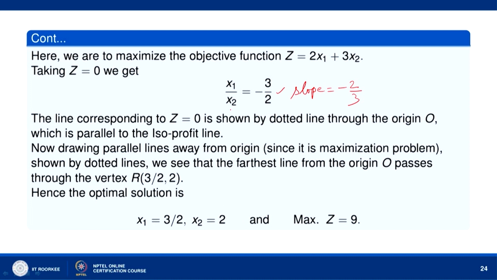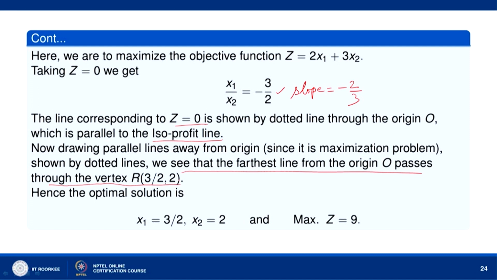This is the line corresponding to Z equal to 0. It is shown by a dotted line through O, which is parallel to the iso-profit line. Now, drawing parallel lines away from the origin, since it is a maximization problem, we see that the farthest line from the origin passes through the vertex R (3/2, 2).